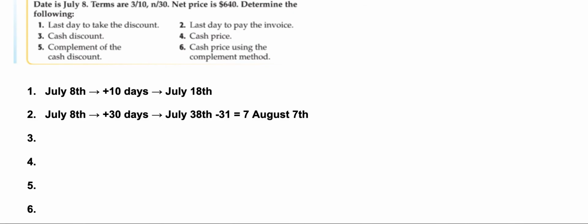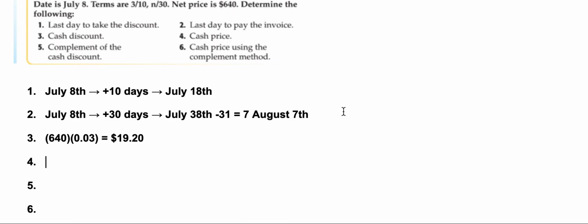The third one, we want to find that cash discount. So we save 3% if we pay it within the 10 days. So we save 3% of the $640. So $640 times your 3%, and you'll get $19.20.